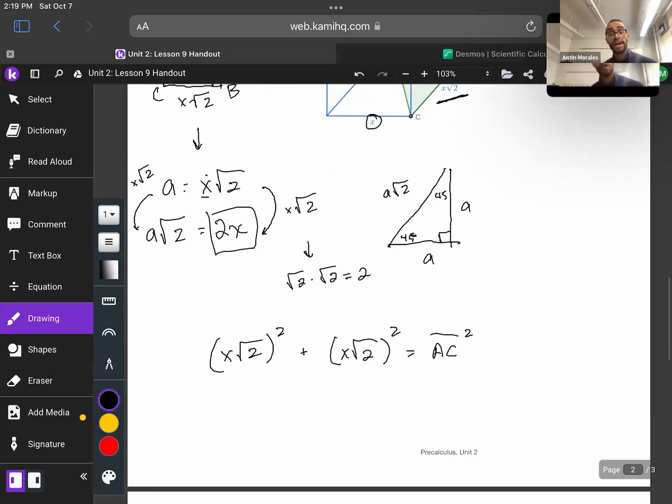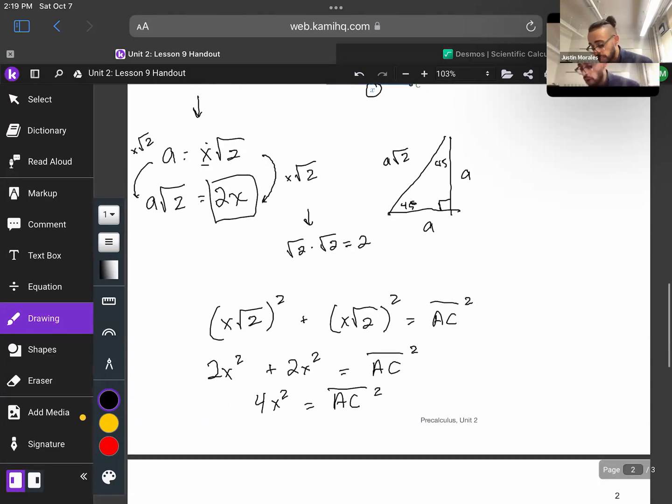So x squared is x squared, but radical 2 squared is just 2. So that will be 2x squared, and that will be another 2x squared. If we combine like terms, we get 4x squared equals AC squared.